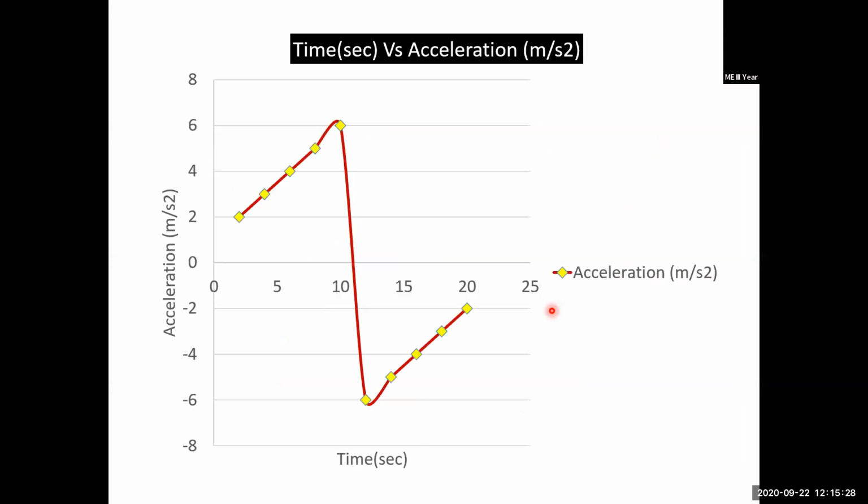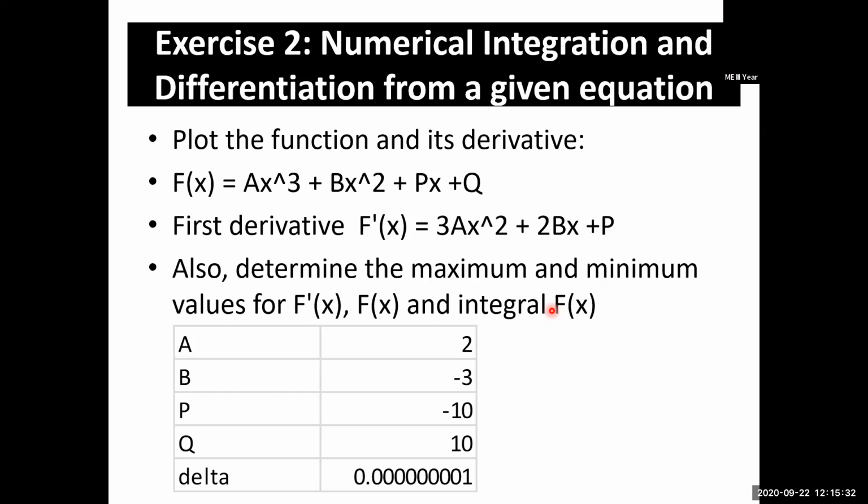And then there will be another example. Here no data will be given, only the function will be given. In the previous example we saw that the data values were given, and from that data we discussed how to find the numerical integration and the acceleration.